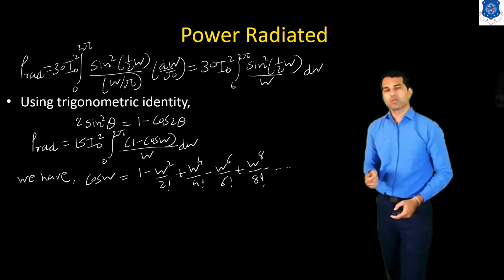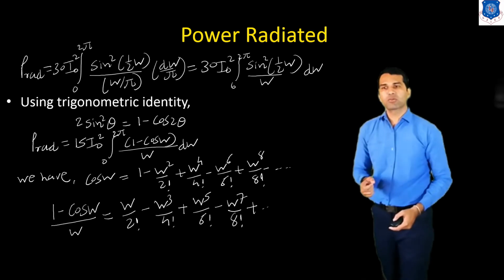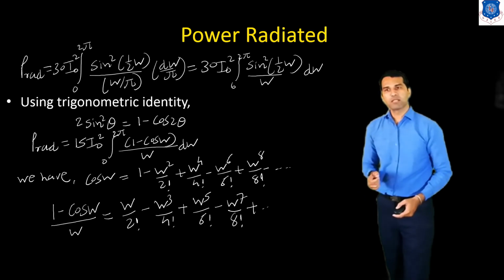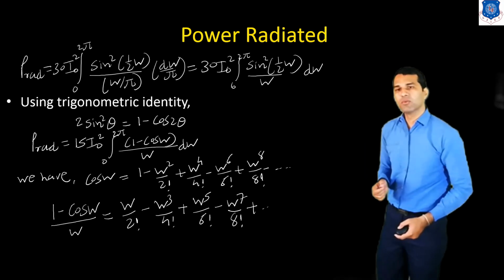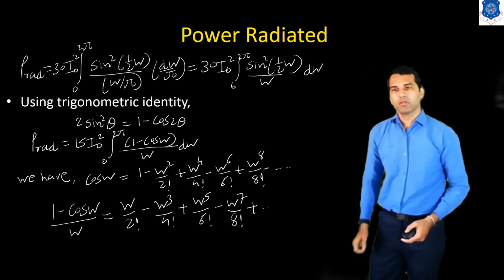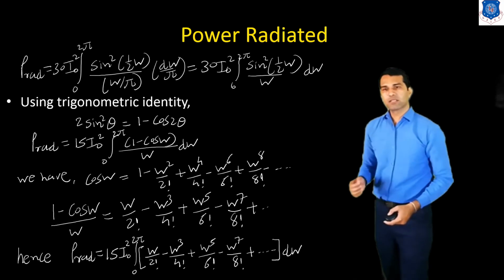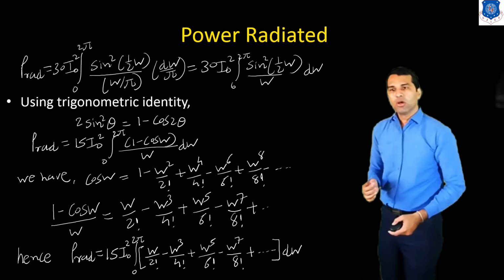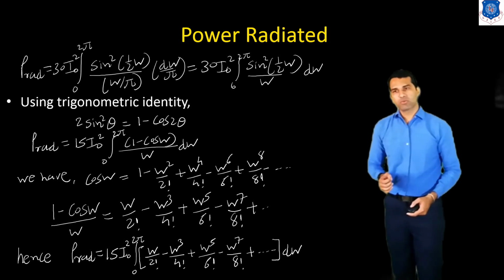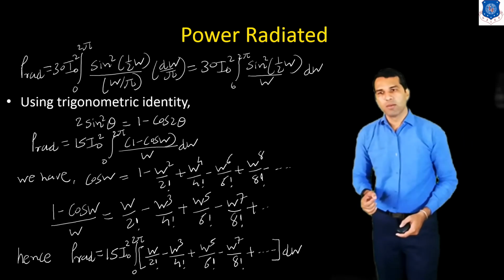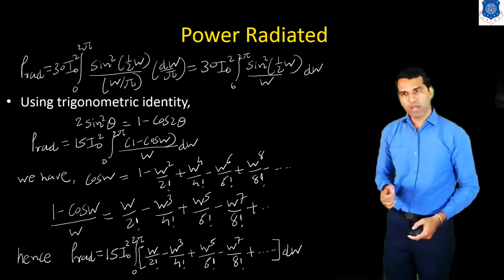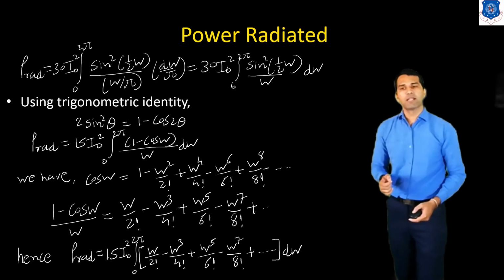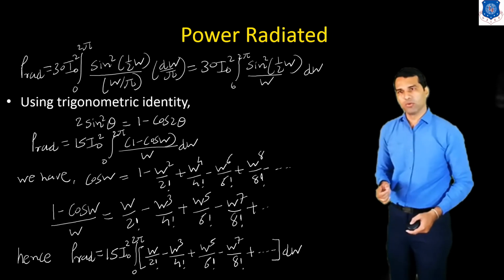So we can write (1 minus cos w) upon w as w upon 2 factorial minus w cube upon 4 factorial plus w5 upon 6 factorial, and so on. Hence the power radiated is equal to 15 I0 square, integral from 0 to 2 pi, of w upon 2 factorial minus w cube upon 4 factorial plus w5 upon 6 factorial minus w7 upon 8 factorial, dw.